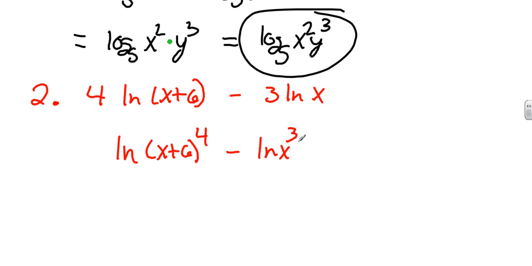That one becomes ln of x to the 3rd. And because of the minus that's here, I'm just going to take those two parts and instead of multiplying together, division. It's the ln of x plus 6 to the 4th power in the numerator, and then x to the 3rd in the denominator.